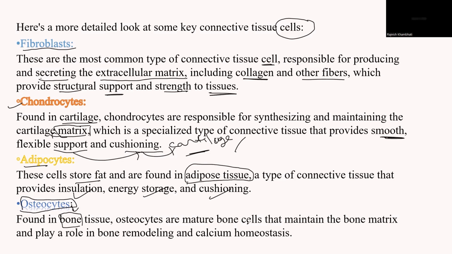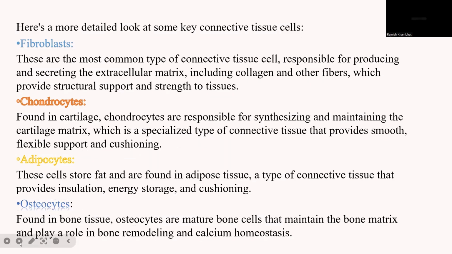Osteocytes are mature bone cells that maintain the bone matrix, the matrix of the bone tissue, and play a role in bone remodeling and calcium homeostasis, meaning balance of the calcium in the body, in the blood and in the bones. So two functions are done by these osteocyte cells: remodeling and calcium balance.